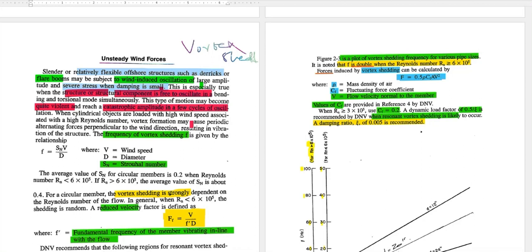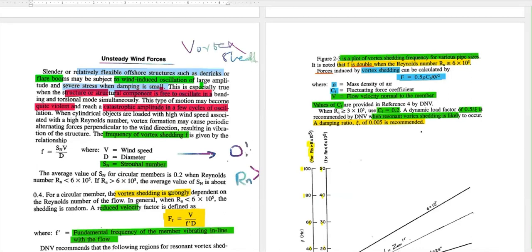When cylindrical objects are loaded with high wind speed associated with a high Reynolds number, vortex formation may cause periodic alternating forces perpendicular to the wind direction. So what does it mean? We have one tubular member, a cylindrical object, loaded with very high wind speed, associated with a very high Reynolds number, and vortex formation.